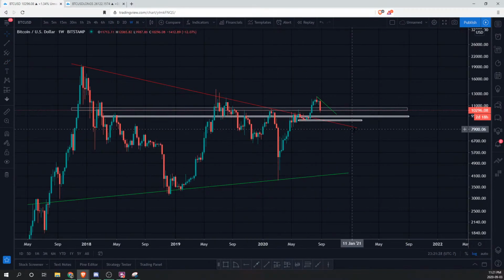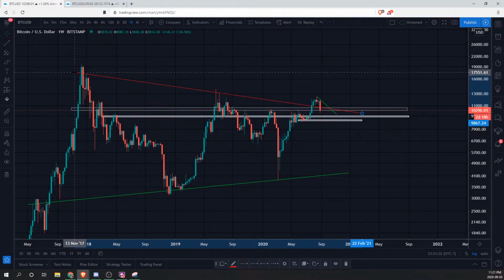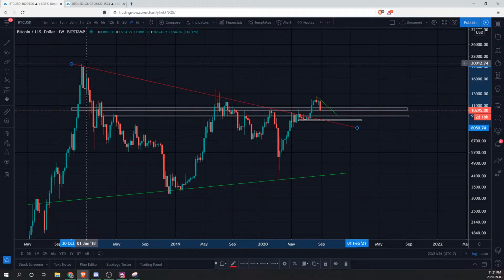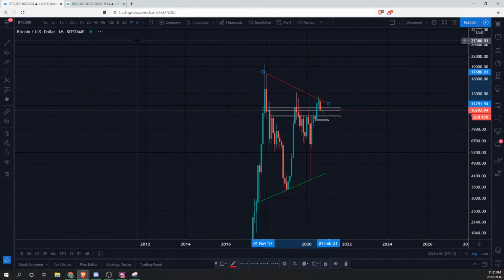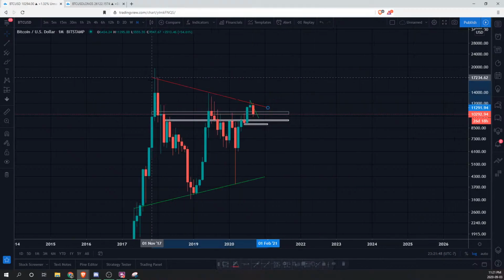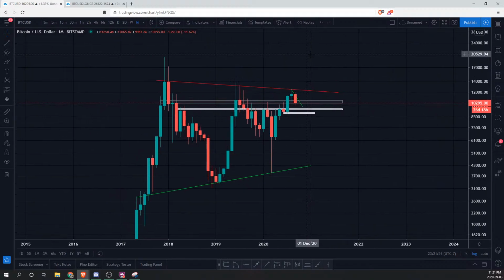So in the realm of possibilities, yes, you could argue that if you bend this descending zone a little bit, you probably could fudge it to validate three times. Like if you get this rejection, this rejection, this rejection, maybe if you get it on the monthly, you get candle closure, wick, wick, depending on what time frame.